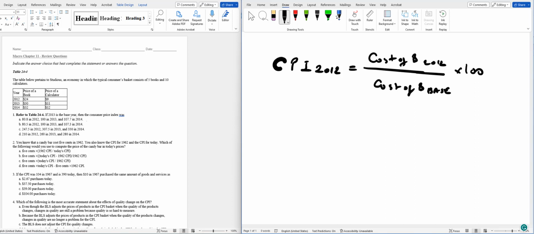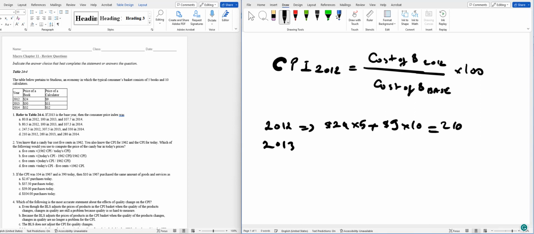So let's start first calculating the cost of basket. In 2012, there are 5 books and the price is $24 times 5 plus $9 per calculator times 10 calculators. And the answer for this one is going to be $210.